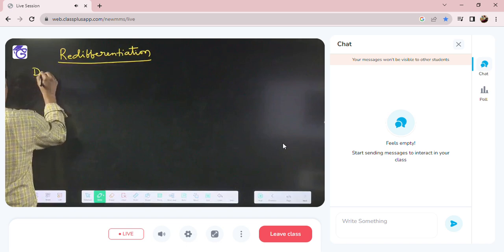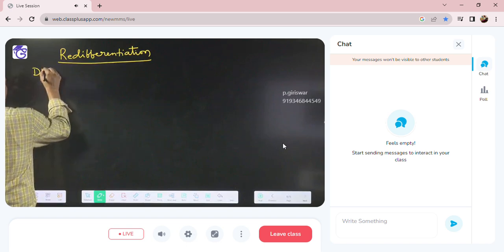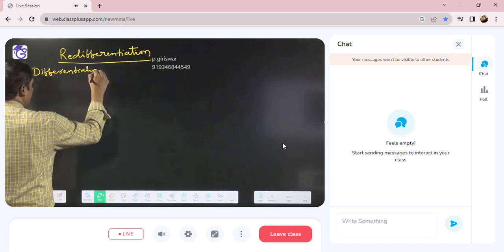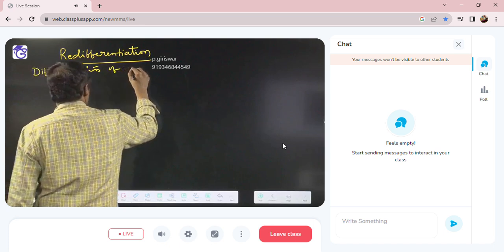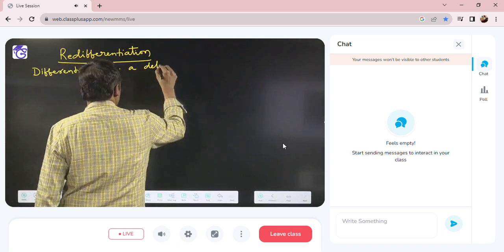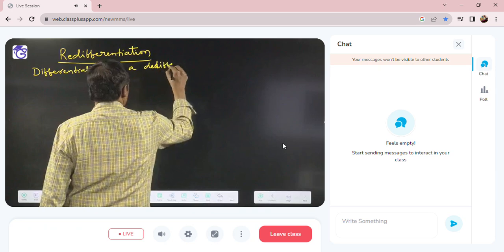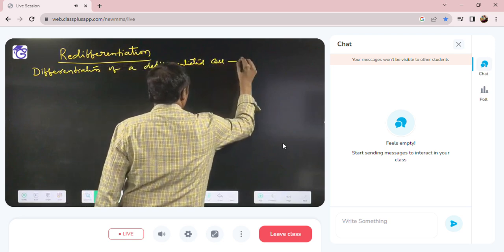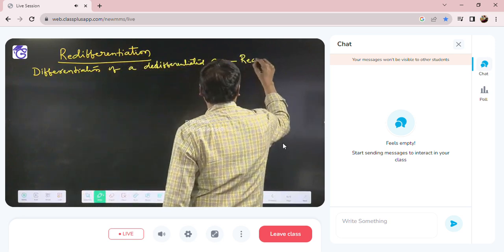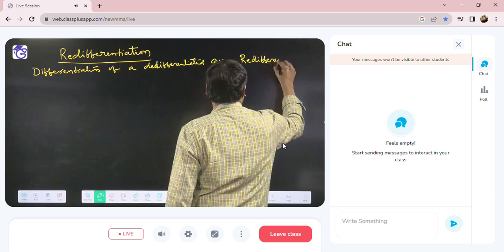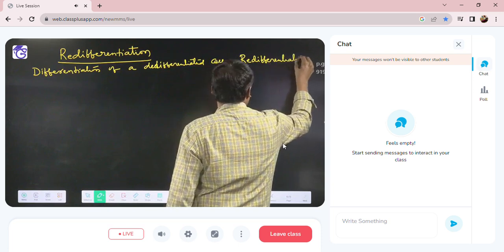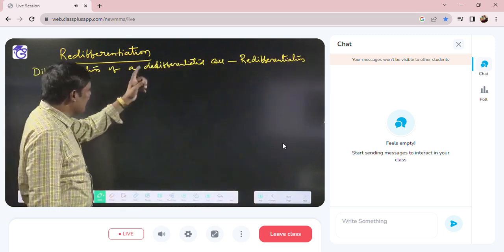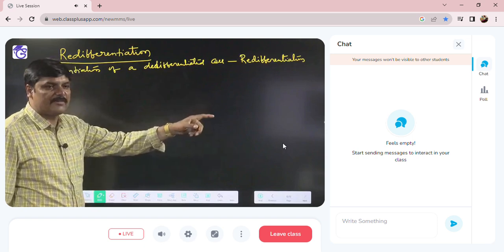Differentiation of a dedifferentiated cell is called redifferentiation. Understand? Differentiation of a dedifferentiated cell is called redifferentiation.